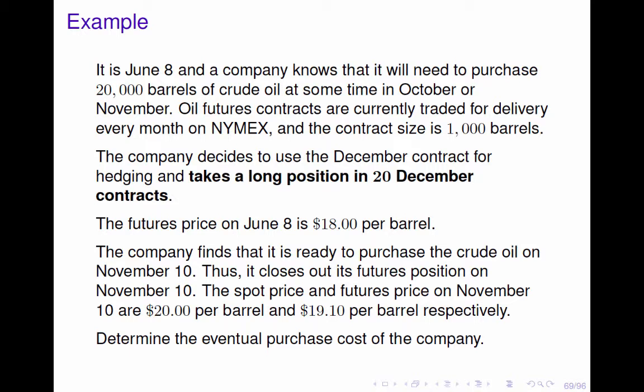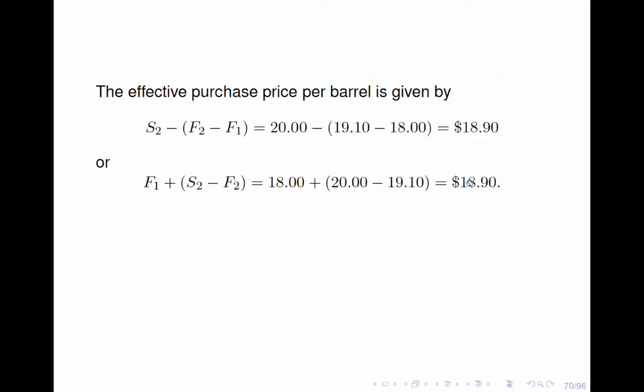Thus, it closes out its futures position on that day, where the spot price and futures price are $20 and $19.1 per barrel respectively. Determine the eventual purchase price of the company. Again, the effective purchase price per barrel can be calculated using two equivalent methods.